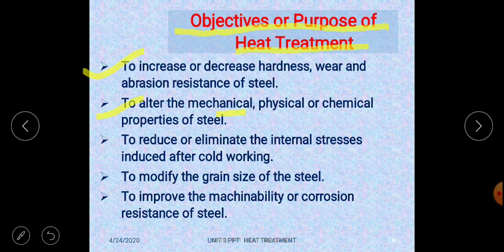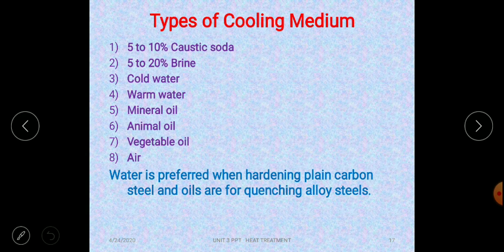Next one, to reduce or eliminate the internal stresses induced when cold working is performed on any steel or alloy. Next, to modify the grain size of a steel to fine or coarse, which will depend on our application. And next one is to improve the machinability or corrosion resistance of the steel. So these were the objectives.